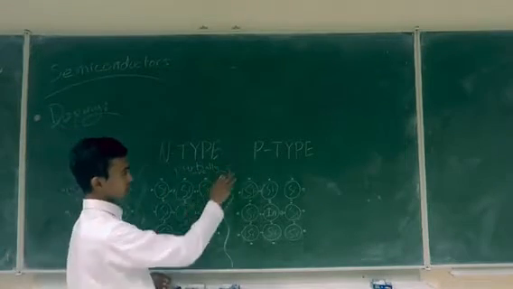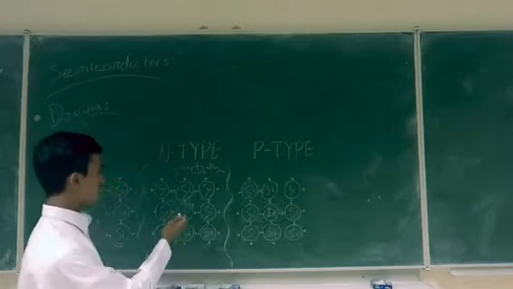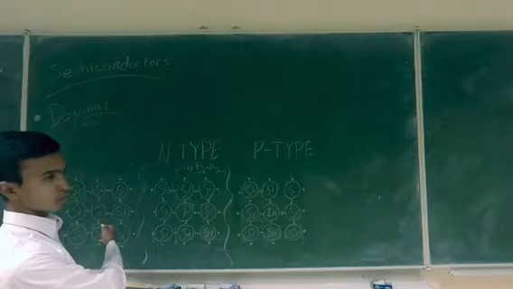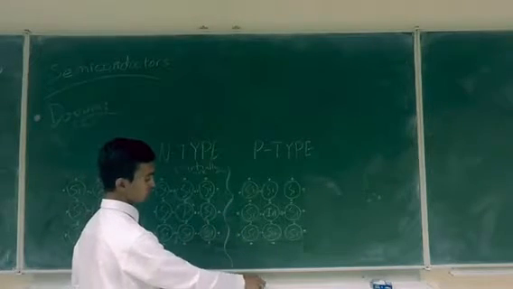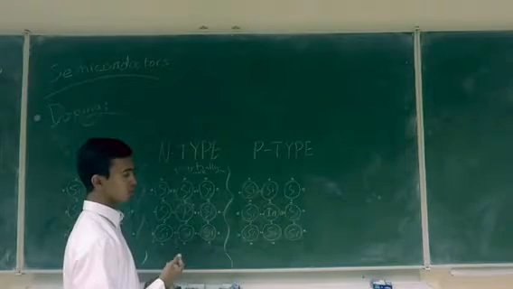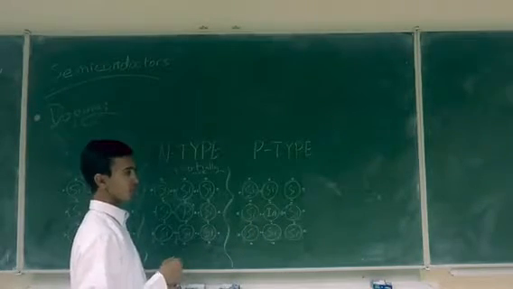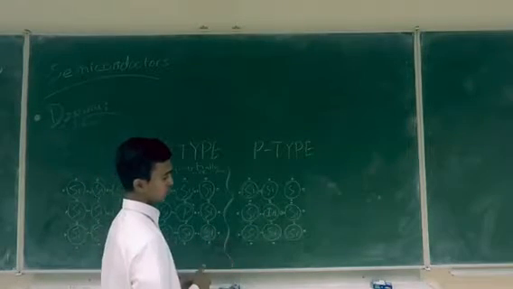Now, the other type is the P-type. It is the same as the pure semiconductor, but it is doped with an element or an atom that has 3 valence electrons. So we have iridium.